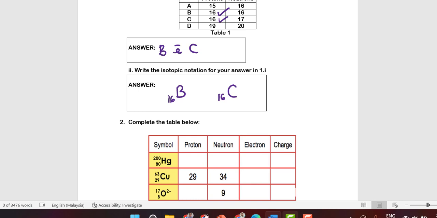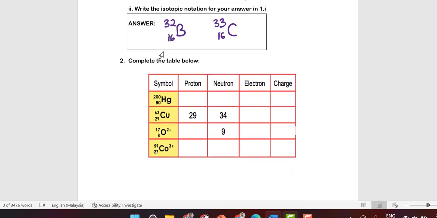So you need to add on proton and neutron. So proton is 16, neutron is 16. So this one is 32. Proton is 16, neutron is 17. So this one is 33. So there is no charge, sebab dia tak ada bagi apa-apa additional information.